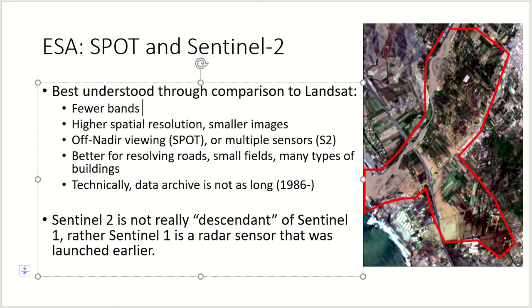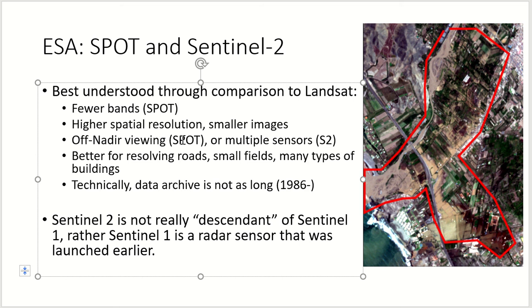For SPOT, fewer bands than Landsat, it's kind of a visible near-infrared sensor. This isn't the case for Sentinel-2. Both sensors have higher spatial resolution than Landsat does. So this leads to smaller images, about 60 kilometers by 60 kilometers, compared to 180 by 180.